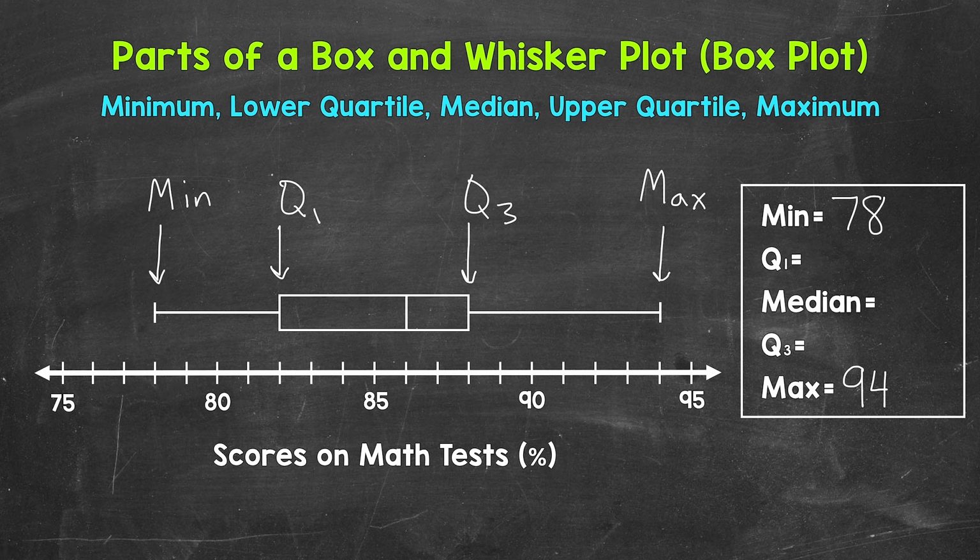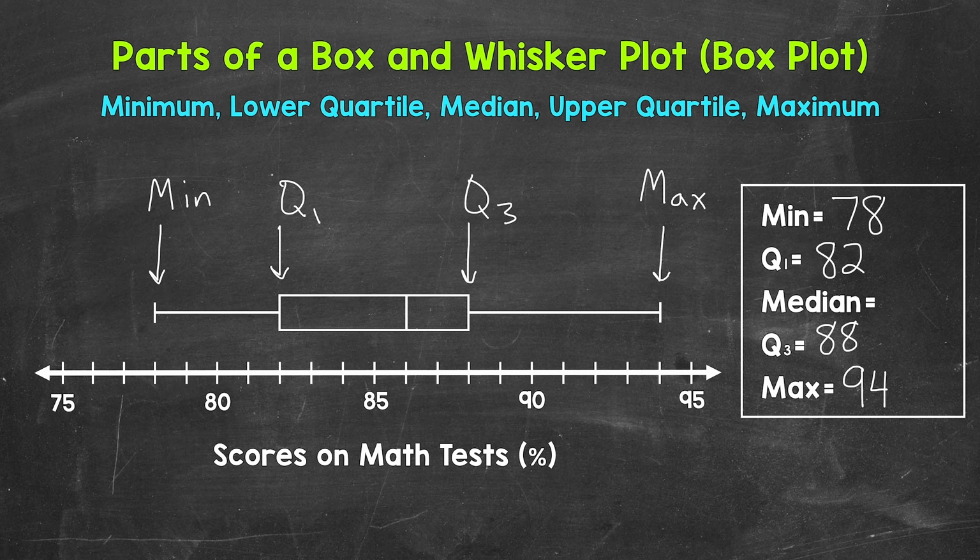So this is the 75% mark, or 3/4 mark within the data, the 75th percentile. So the first quartile, or lower quartile, in this example is 82. The third quartile, or upper quartile, in this example is 88.